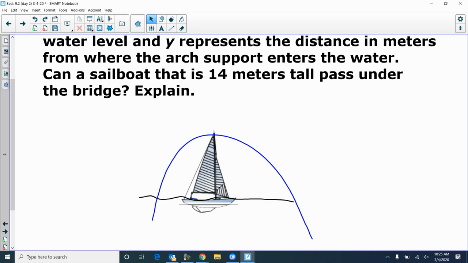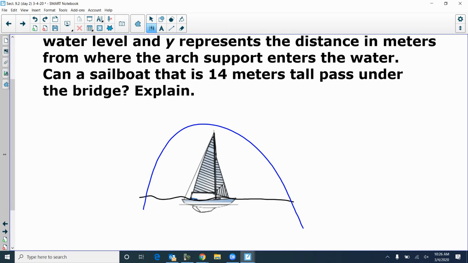You have to find the vertex, because this graph opens down. We need to find the highest point. All right, let's find the vertex. Now, we don't have as nice numbers. That's okay.